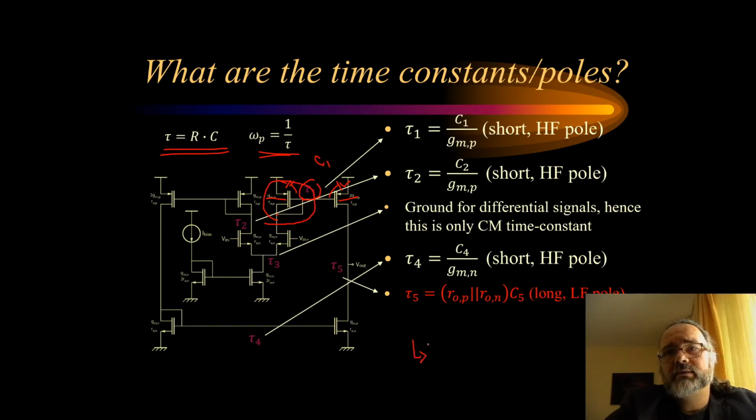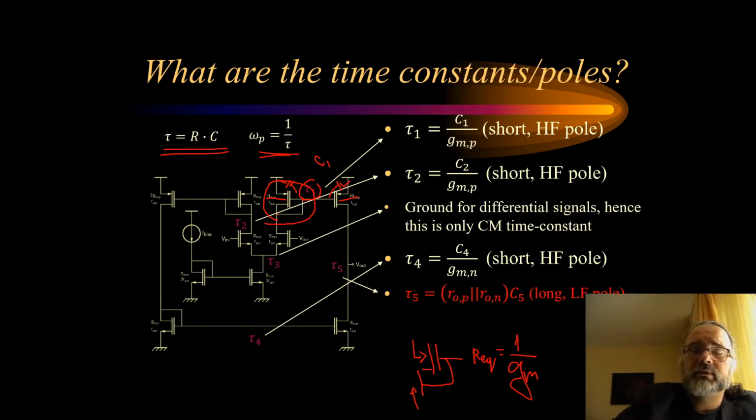We previously derived that the impedance of a diode connected transistor, so R equivalent, is actually dominated by 1 over the GM of this transistor. So the resistance of this node will be given by 1 over GM of this transistor.